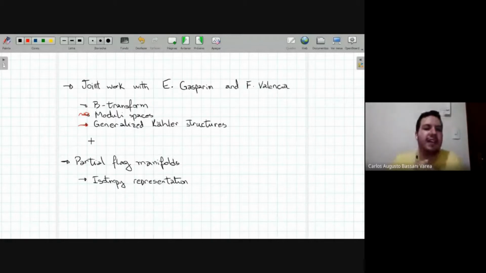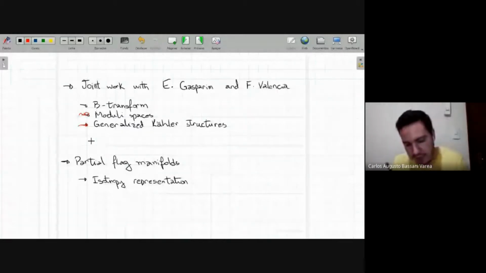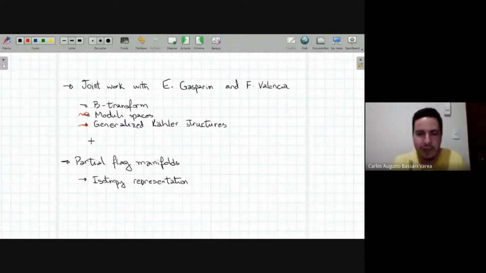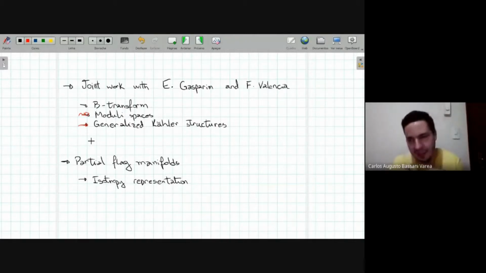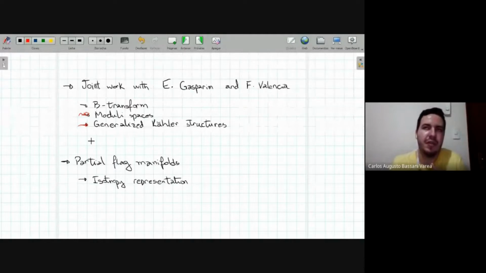Another important comment is that here we talk only about maximal flag manifolds. I also have a paper on partial flag manifolds, which is also part of my PhD thesis. The isotropy representation on partial flag manifolds is a little more delicate, and we need to be careful when working there. Because on maximal flag manifolds, the irreducible components of the isotropy representation are the root spaces.